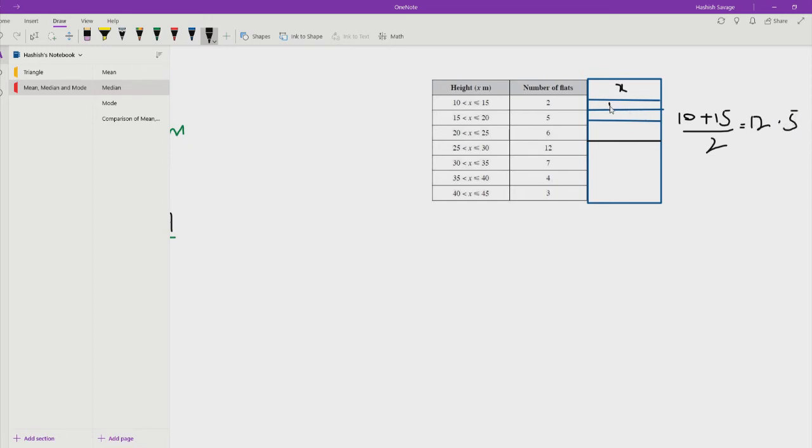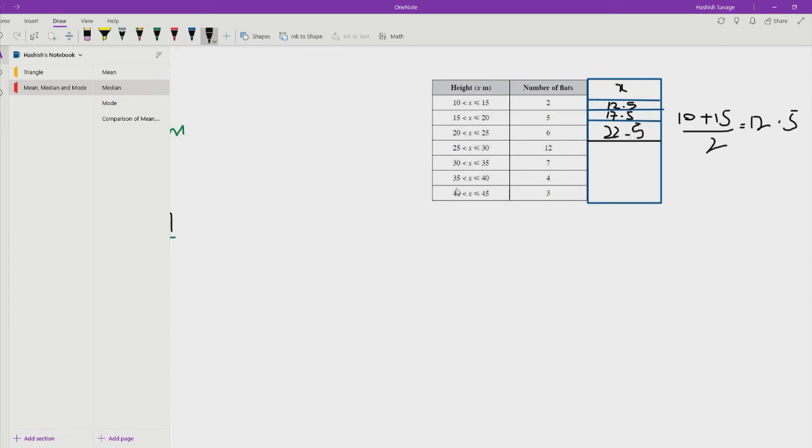So over here you will get 12.5. Let's make it a bigger one over here. Similarly, when you solve this, you will have an answer 17.5, and when you solve this, you have an answer 22.5.